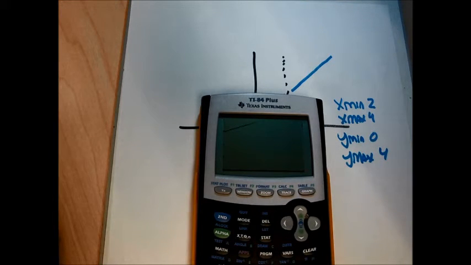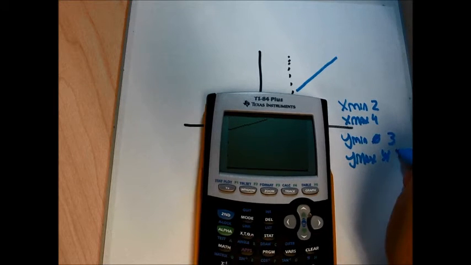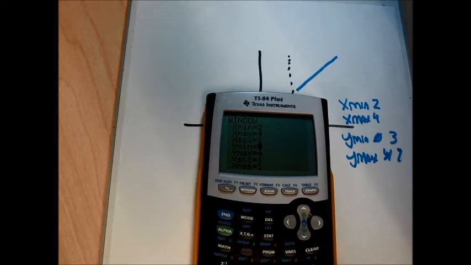Oh, it's not high enough. I'm just playing here, so how about 3 to 7? Because I didn't prep this ahead of time. It's a little bit funky getting the right window so you could see the hole, but we've done graphs that have had holes before, and there it is right there.